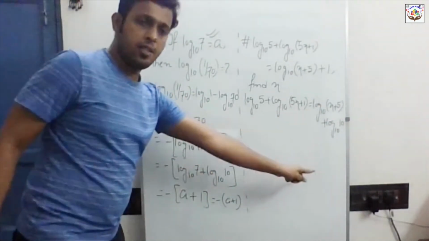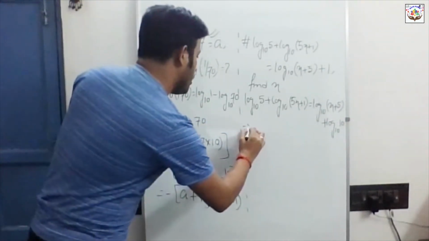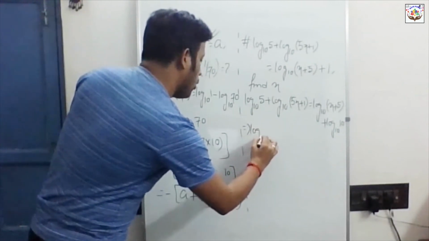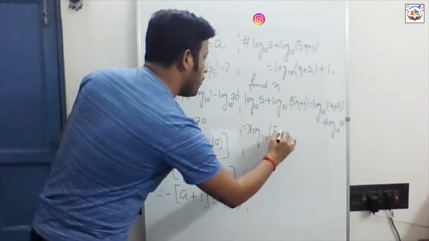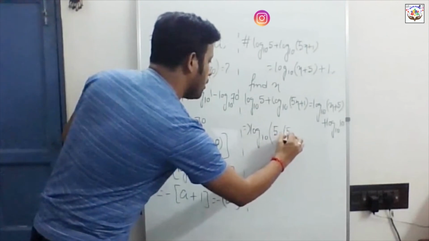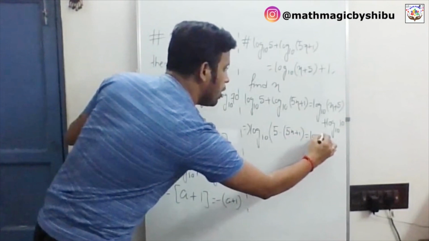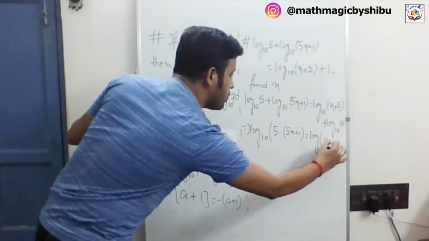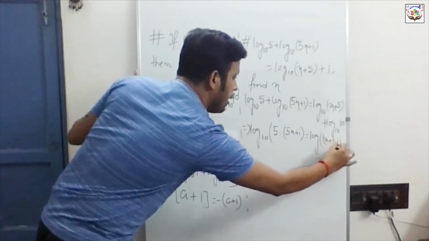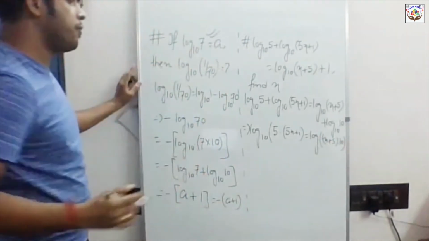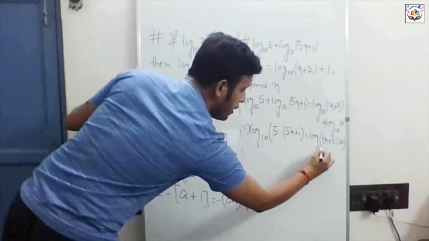So all the base are same. So we can write log 10 5 into 5x plus 1, and here log x plus 5 into 10. Okay, obviously the base is 10 here.